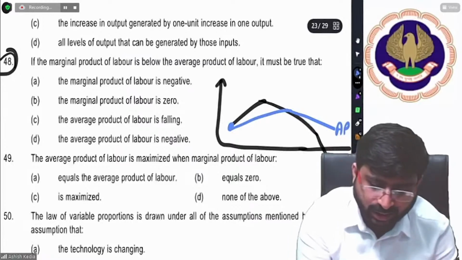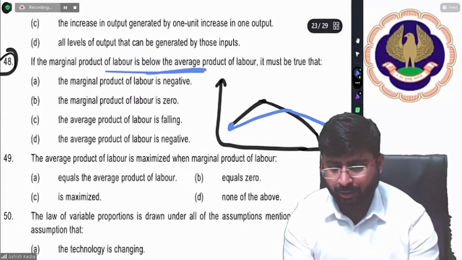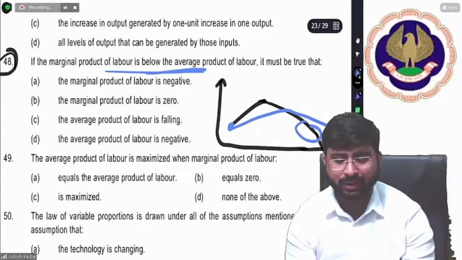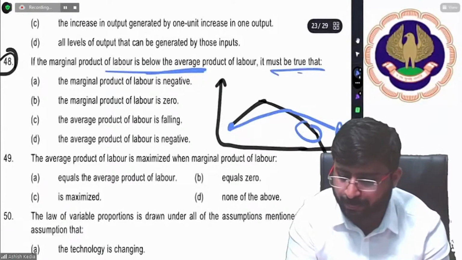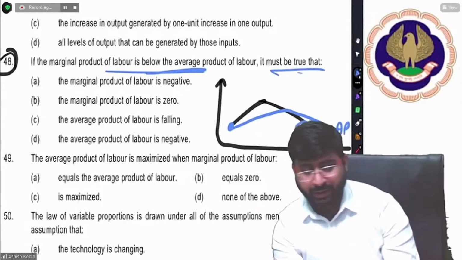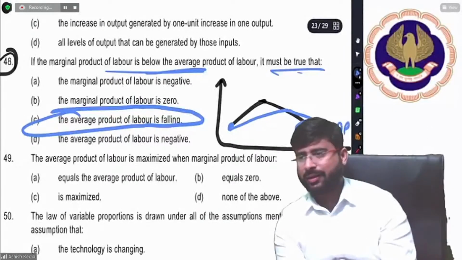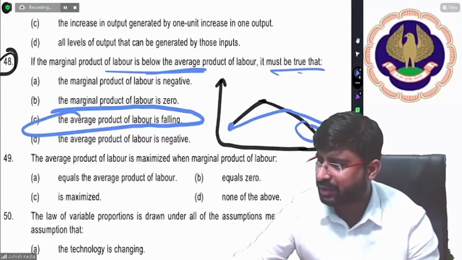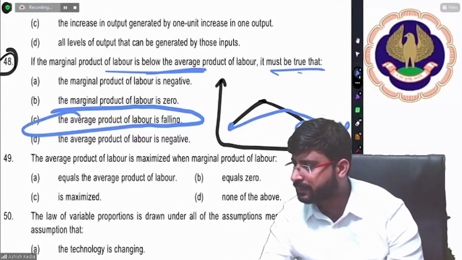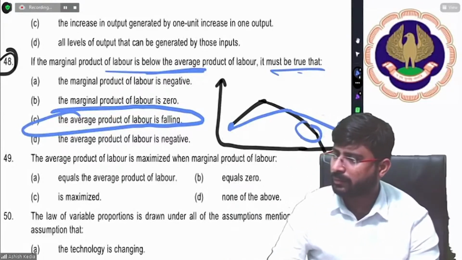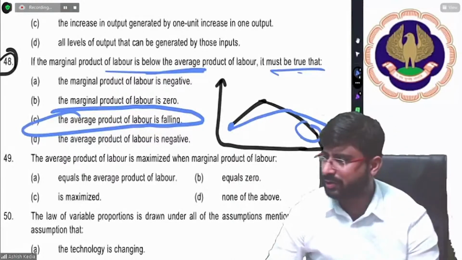The question is telling us if MP is below AP. So see here, MP is below AP. What is happening to AP? AP is falling when MP is below AP. So the answer will be AP will be falling. Yes or no, friends? So yes, AP will be falling. Got it, sir.